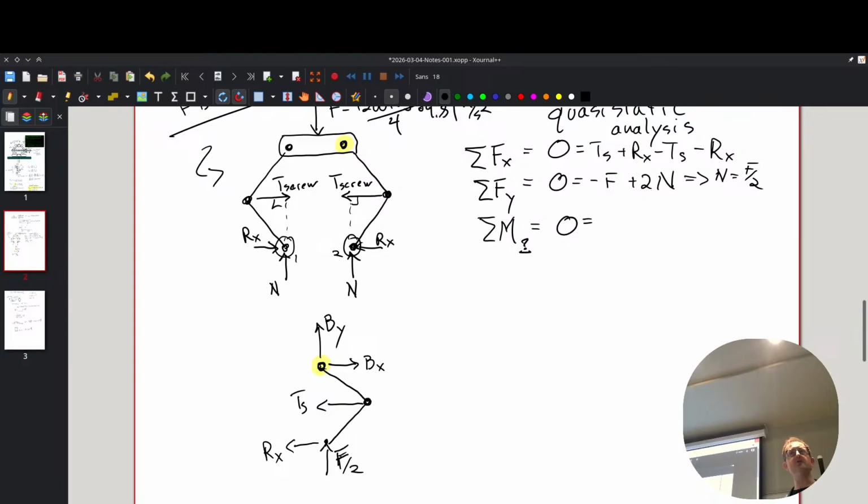And if you're not sure, then we draw the free body diagram of the thing being supported.